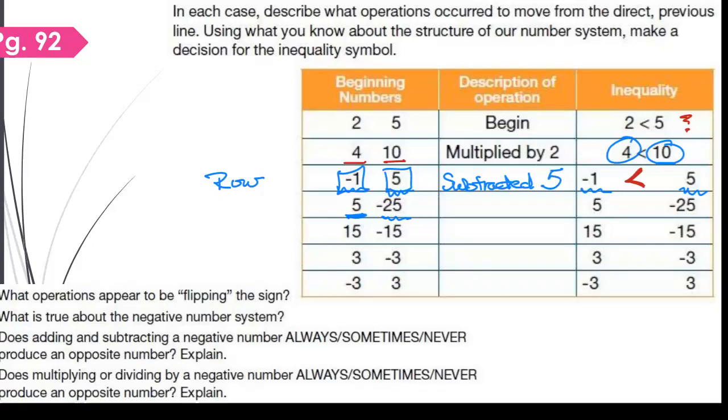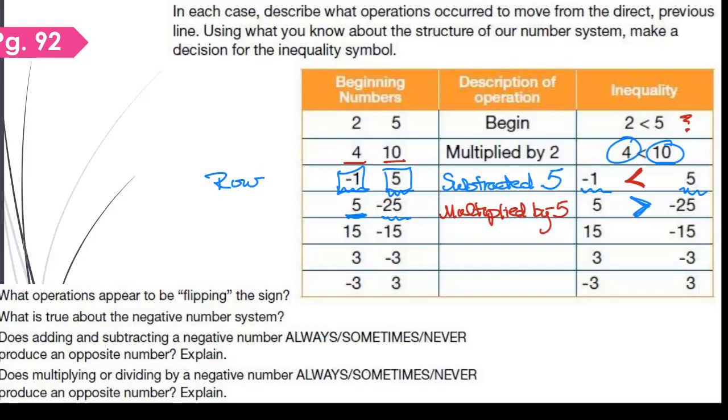Now, how did we get from negative 1 to 5, and how did we get from 5 to negative 25? We multiplied by negative 5. And once we multiply by negative 5, we got the answers 5 and negative 25. How do those two numbers relate? 5 is greater than, right?